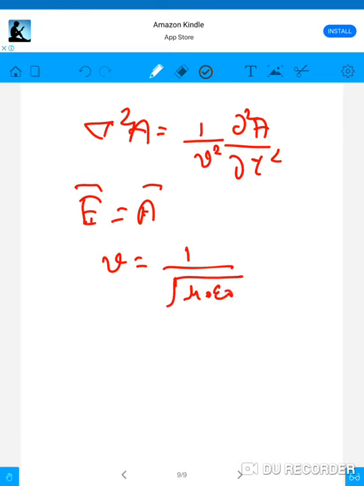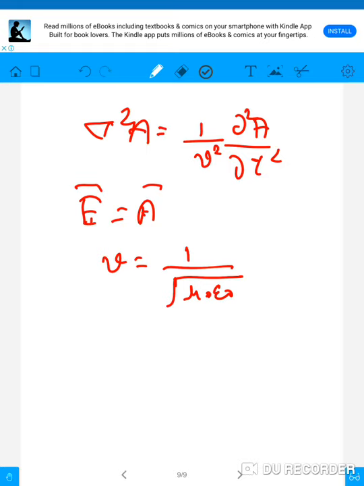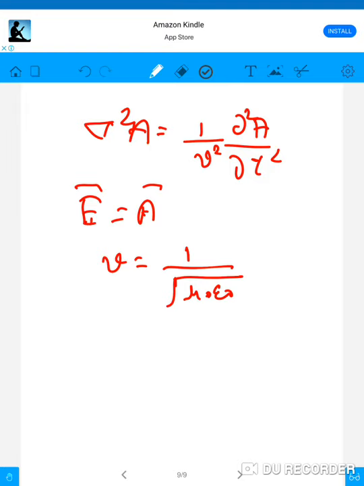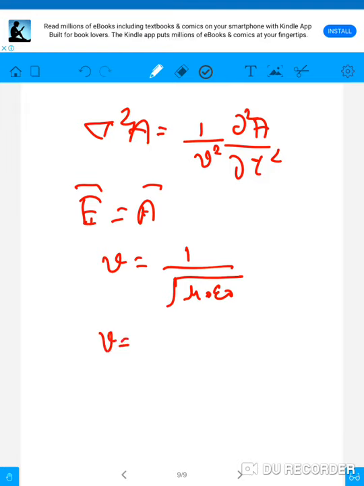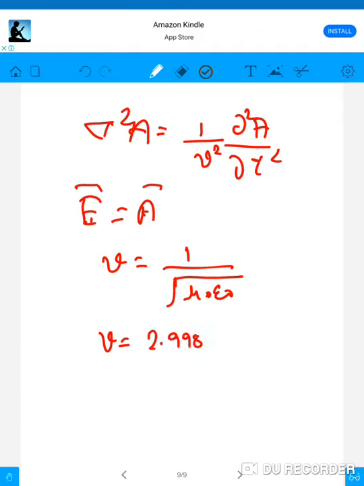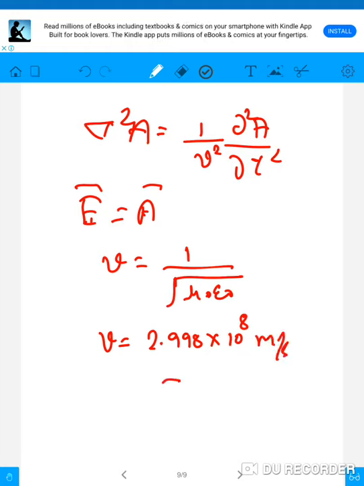When you put the values, mu naught is 4 pi into 10 raised to power minus 7, and epsilon naught is 8.854 into 10 raised to power minus 12, the velocity of this wave comes out to be 2.998 into 10 raised to power 8 meters per second, and this is the same value as the velocity of light c.